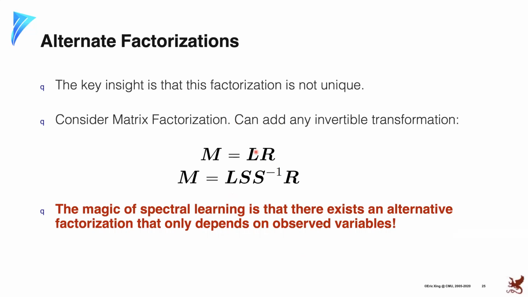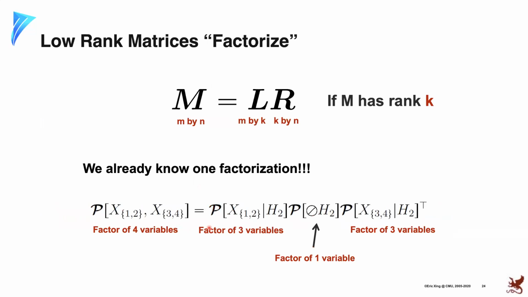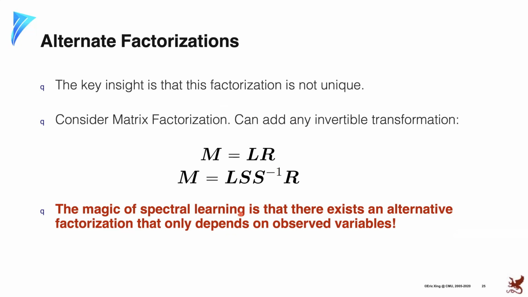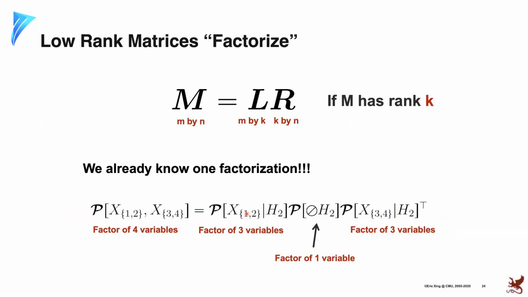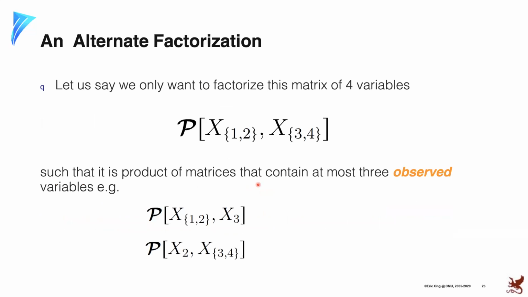For example, once you find an L and R, you can plug in an S multiplied by S inverse, so essentially they will give you the same left-hand side matrices. The key idea of spectral learning is that by choosing some appropriate S, it can lead you to a factorization of this big M using only the matrices that include the observed variables X. So the ultimate goal is to find such an S so that the factors will only contain these X.